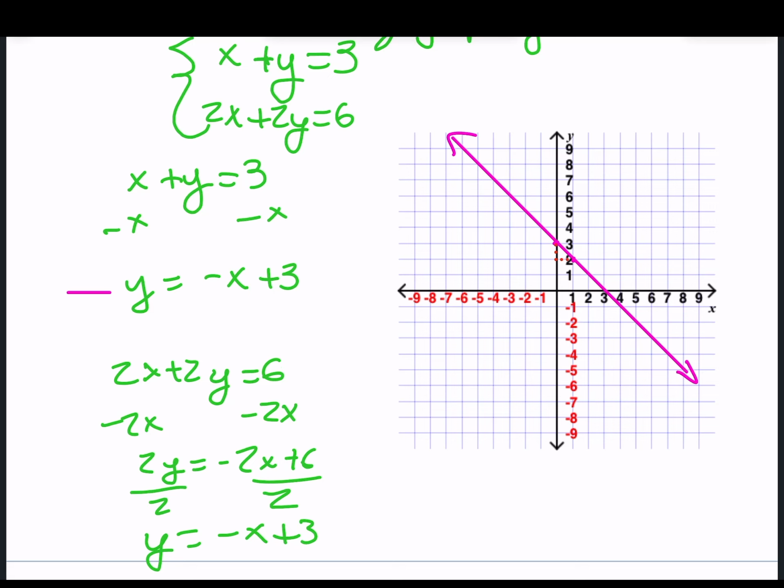Now notice these are the same equation. We'll graph this with a red dot. We would graph it the same way, but the equations are the same. So we're just having those overlap.